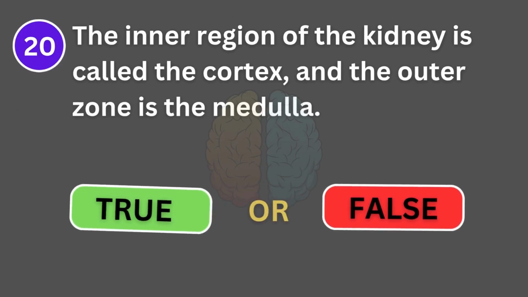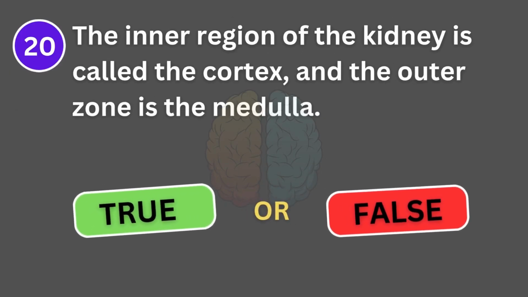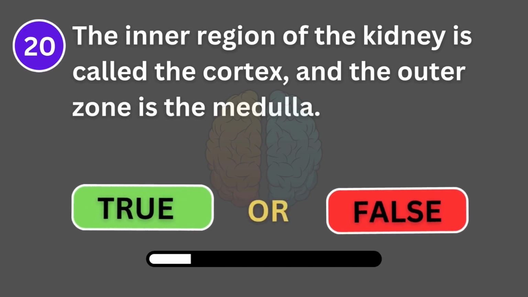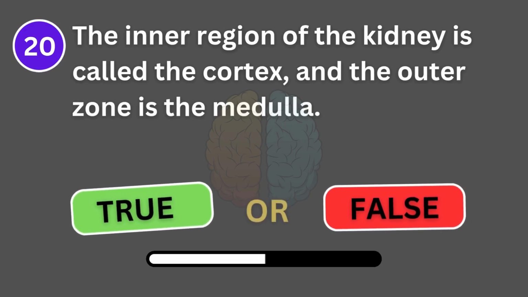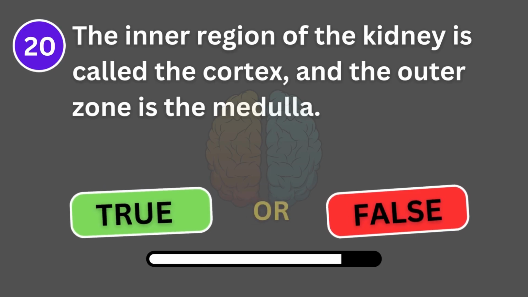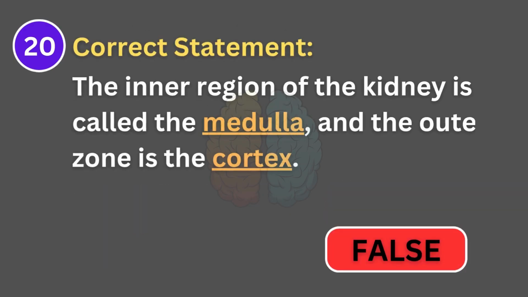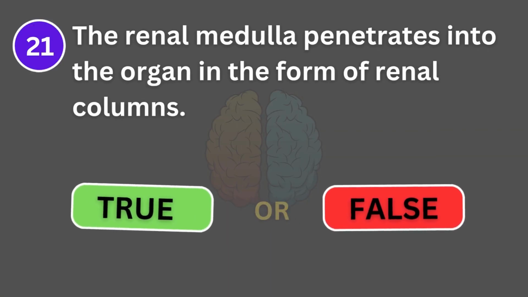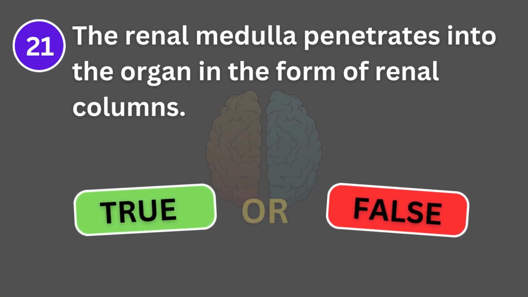The inner region of the kidney is called the cortex, and the outer zone is the medulla. The renal medulla penetrates into the organ in the form of renal columns.